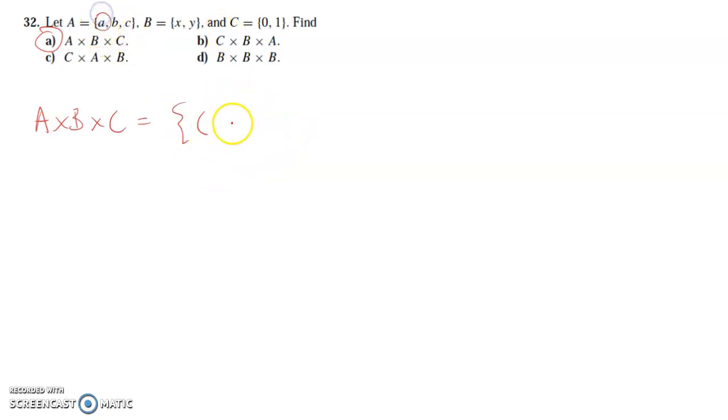First, let me go with A, and from B, I'll take the first element X, and from C, I'll also take the first element, which is 0. So that's a possible combination. The order does matter, which is A times B times C, as you'll see.